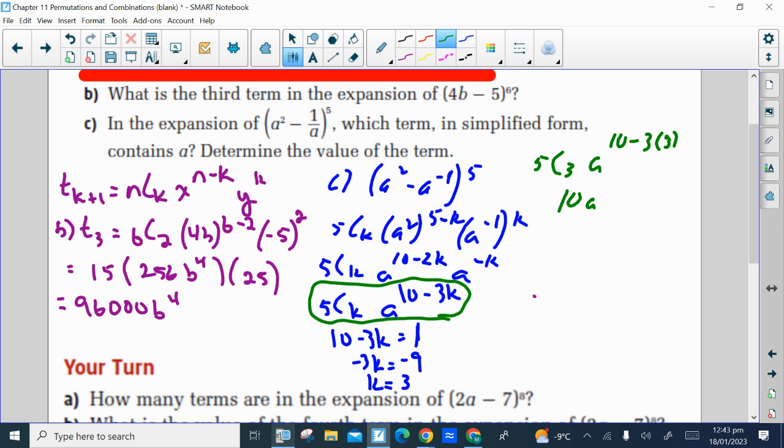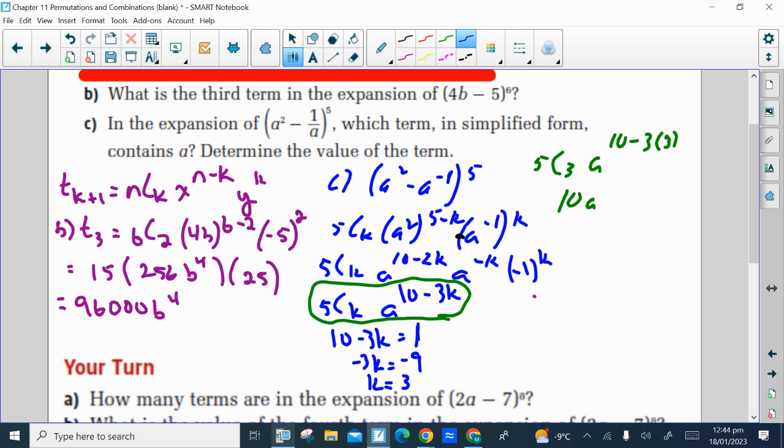Oh, I'm sorry, I forgot one thing here, and that is I should have written this as a negative a in this bracket here. I didn't do that. This a should have been negative. And so what that means is this negative here is like negative 1. So I should also have had negative 1 to the power k. So I apologize for missing that.